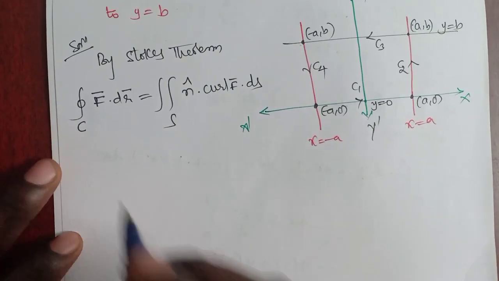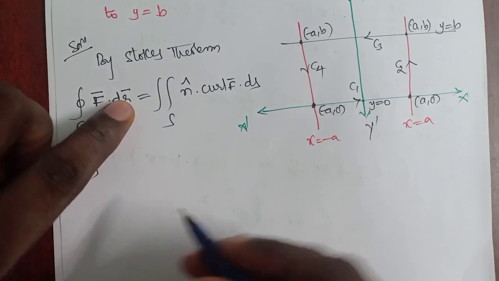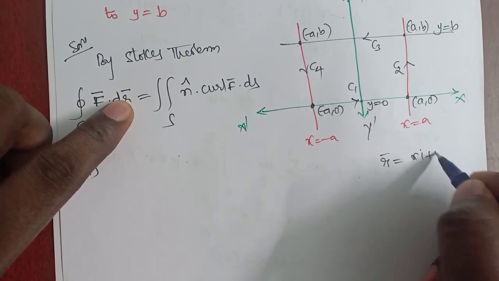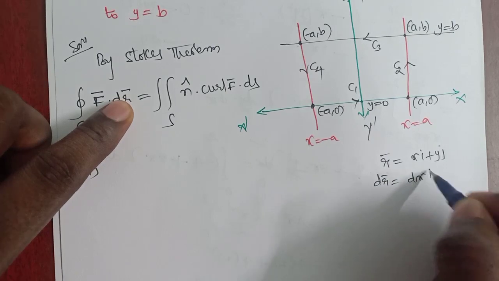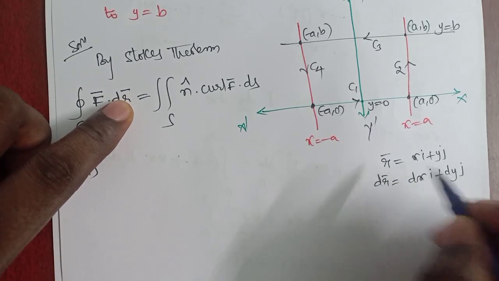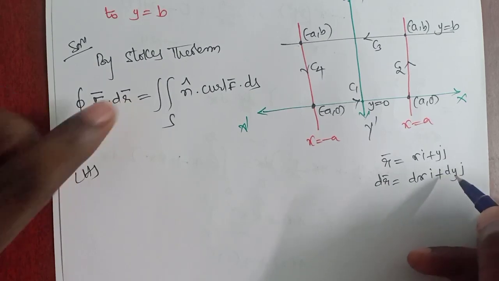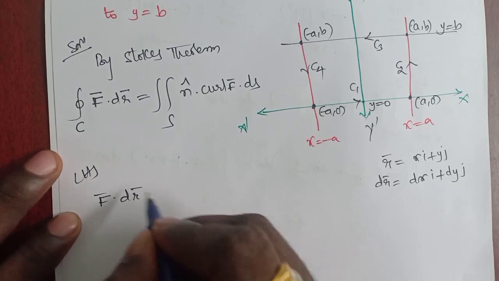Now coming to the LHS, the first one is f bar dot dr bar. Clearly r bar is x i plus y j. Then what about dr bar? dx i plus dy j, the derivative of x plus the derivative of y. From this, we need to find f bar dot dr bar.